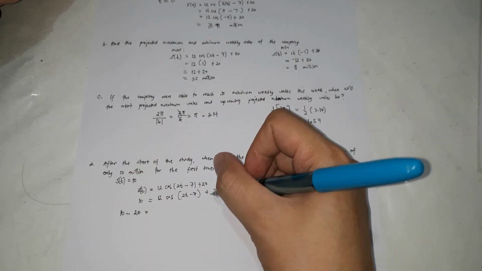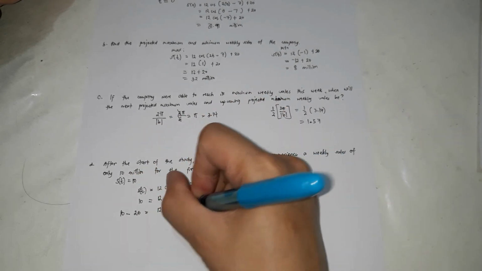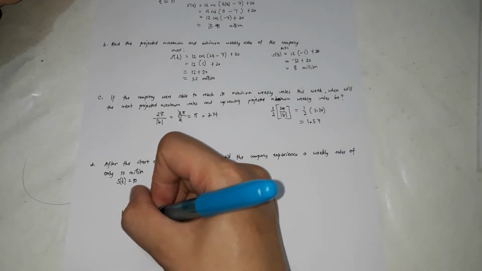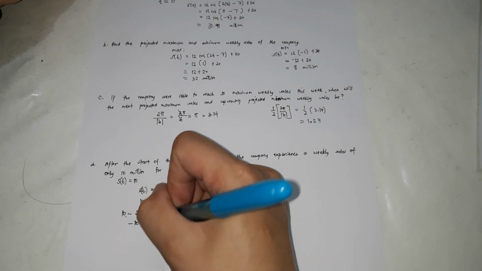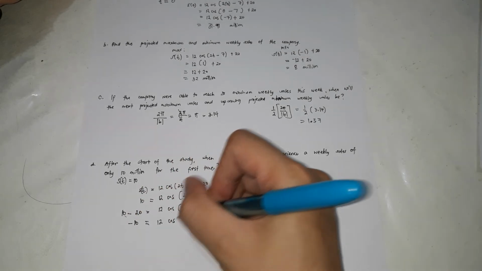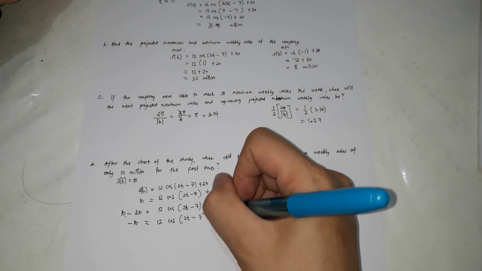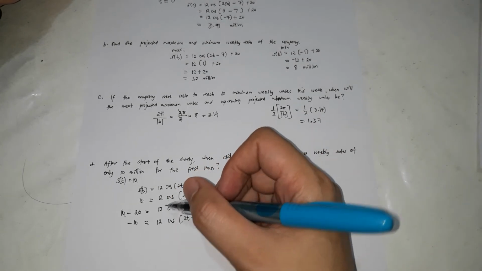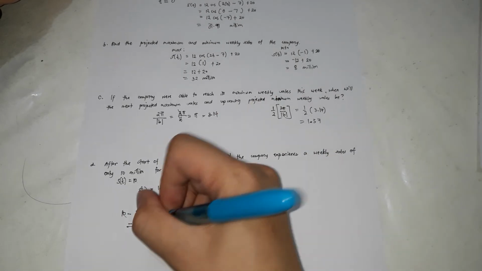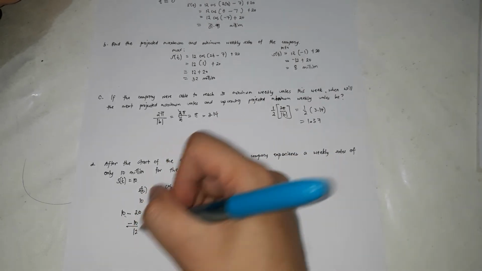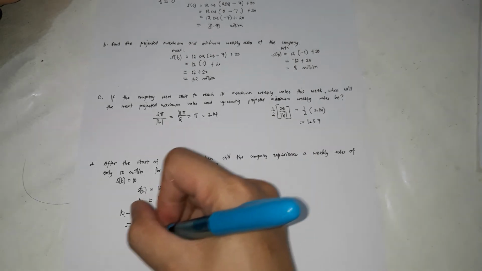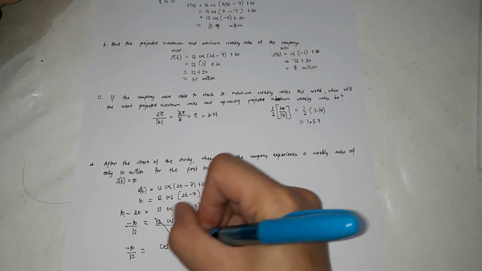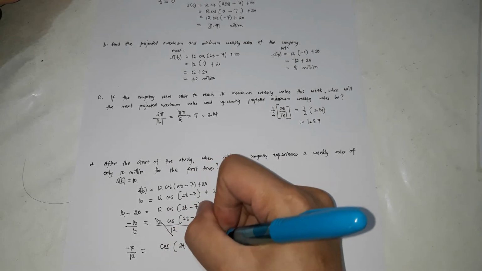The positive will become negative: negative 10 is equal to 12 cosine 2t minus 7. We need to get rid of the 12. What are we going to do? Divide both sides by 12. So this will become negative 10 over 12 is equal to cosine 2t minus 7.